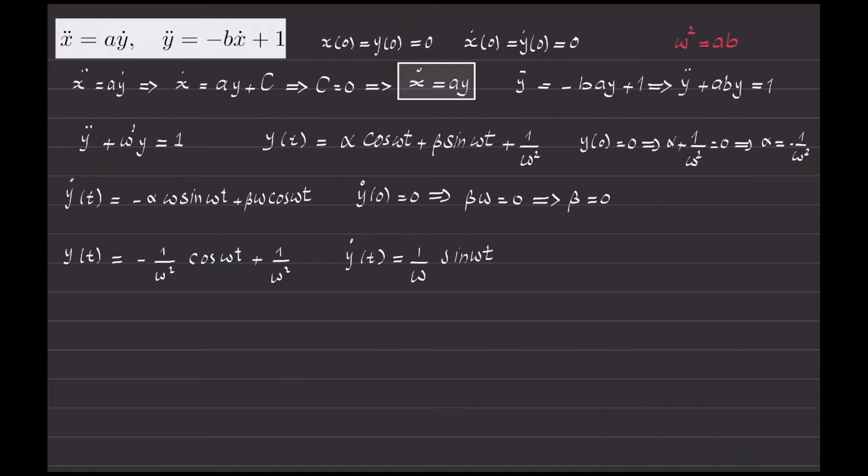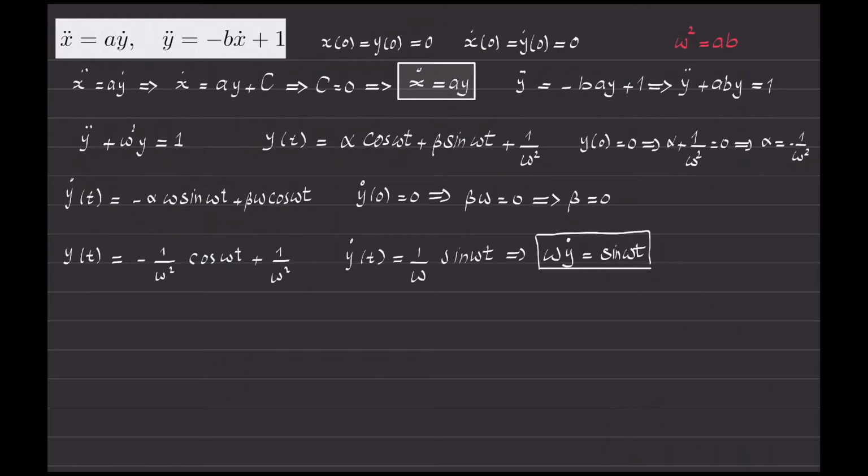And because beta is 0, this term cancels out. Yes? So this is what I have. Okay, and if you don't mind, let me multiply everything by omega, and let me just drop the time here. So omega y dot becomes equal to sine omega t.